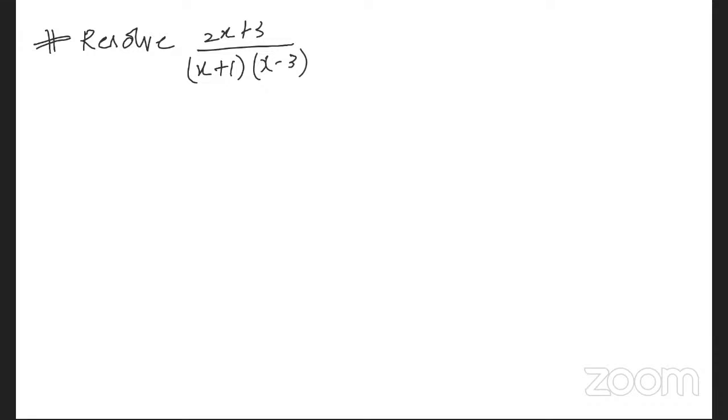Let us take one problem. Resolve, for example, 2x plus 3 by x plus 1 into x minus 3 into partial fractions. So let us see the solution.